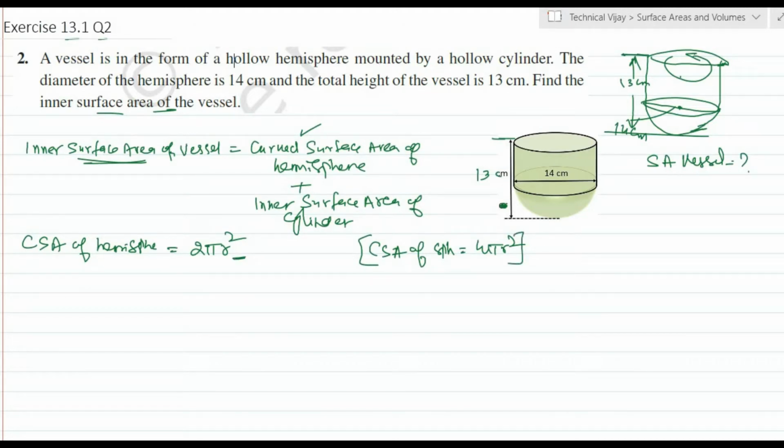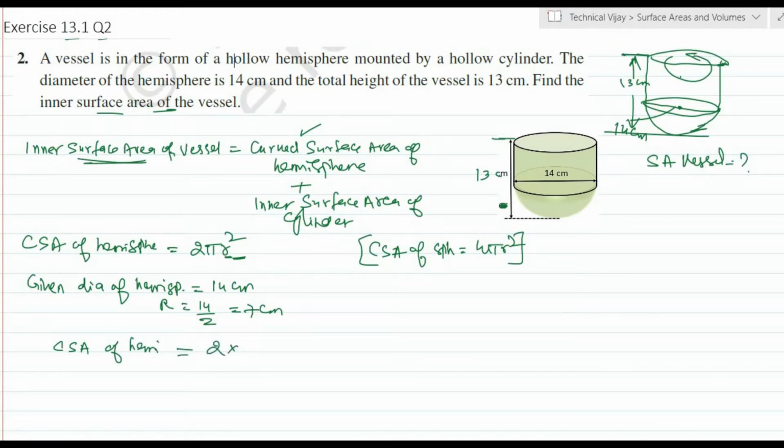Okay. So now for this we should know the radius. Given the diameter of the hemisphere is 14 centimeter, so radius is equal to 14 divided by 2, which is 7 centimeter. So we will substitute here. CSA of hemisphere is equal to 2 into 22 by 7 into 7 into 7, r square.